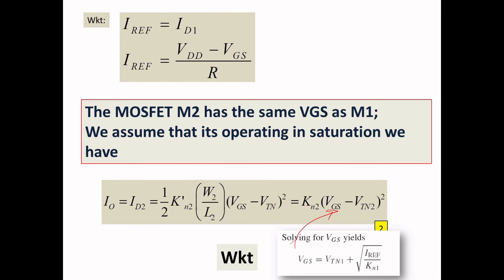Unless both are matched, I can't design the current mirror circuit. Your mu COX, your threshold voltage, your K dash N parameter, your width and length, everything has to be matched. That depends on the design. If it is matched, you will get the perfect current mirror. Otherwise, it will change based on the parameters.